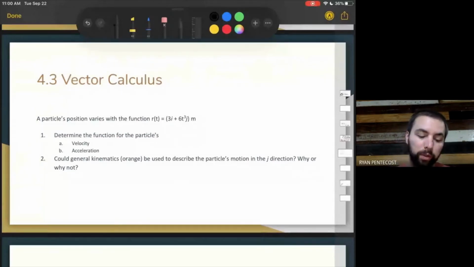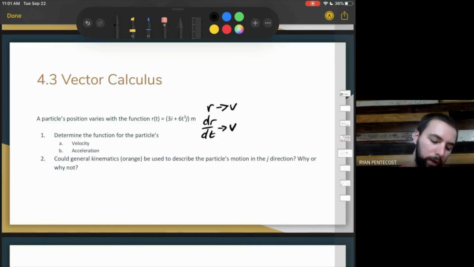A particle's position varies with the function r of t equals 3i plus 6t cubed j meters. Determine the function for the particle's velocity and acceleration. So to go from position to velocity, we will take the derivative of position with respect to time to get velocity.